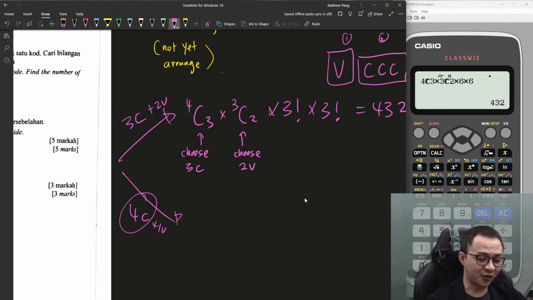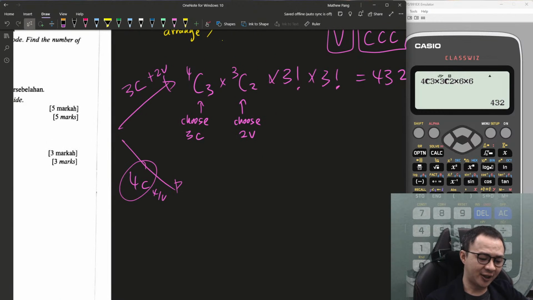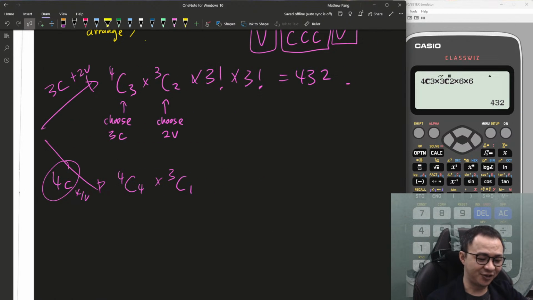Now I choose 4 consonant. Okay. If I choose 4 consonant here, I get 4C4. And then I will multiply 1 vowel, 3C1. Okay, all the consonant, I choose all the 4 consonant. And 3 vowel, I choose 1. But now, this is the interesting part. If all consonant, I group them together.